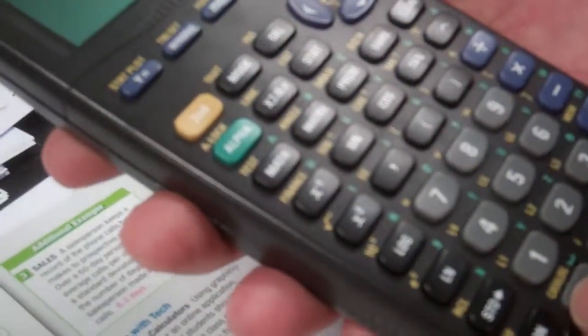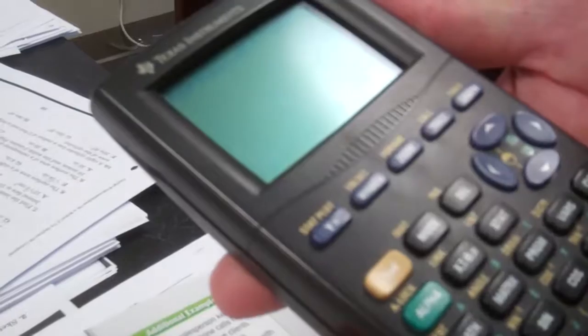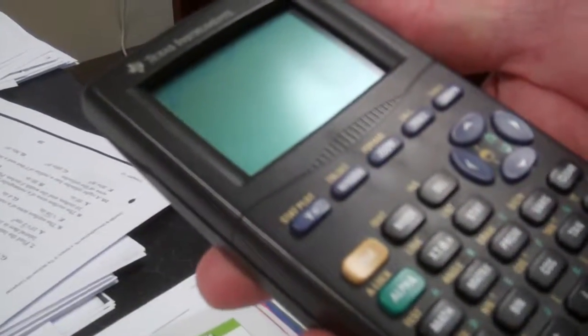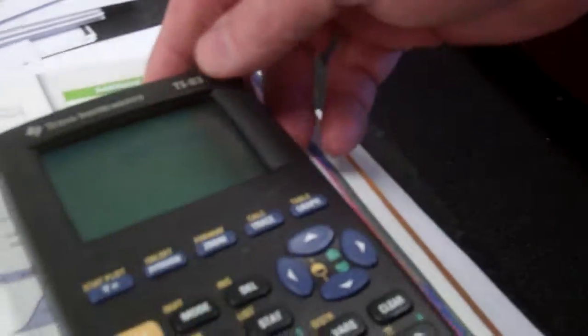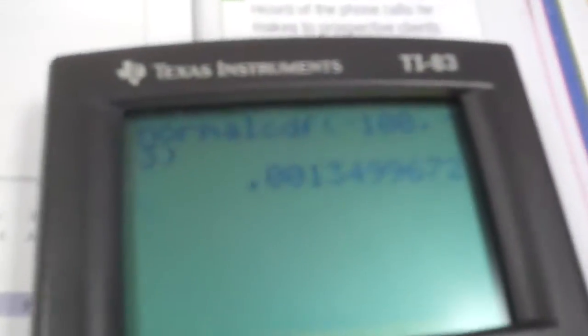So I'm going to put negative, humongous, comma, -3. What was that first number, Mr. Gore?